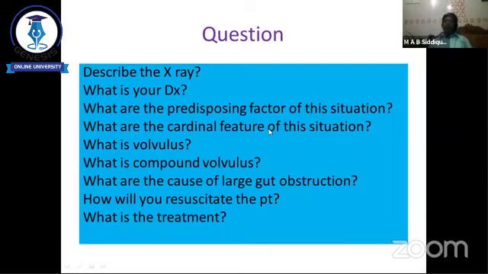And what is the treatment? It is very difficult to say in one answer. In your OSPE, you may mention treatment as conservative treatment and surgical treatment according to findings. This is a very simple way that covers the whole thing.